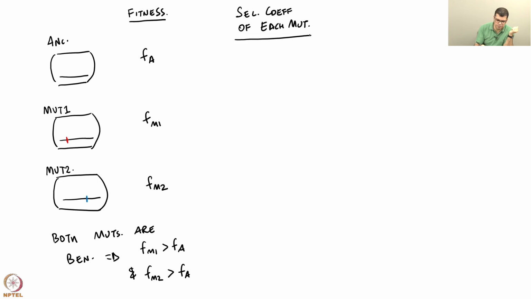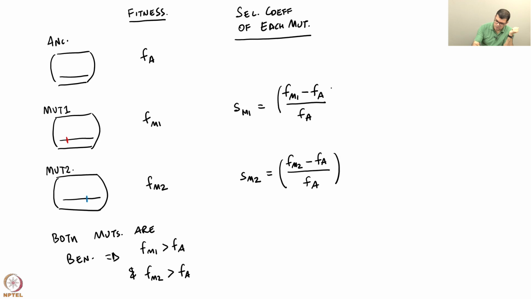The selection coefficient of the first mutation can be written as S of M1, which is F M1 minus F A divided by F A. The selection coefficient of the second mutation is S M2, which is given by F M2 minus F A divided by F A. Obviously, the values of SM1 and SM2 are going to depend on FM1 and FM2.